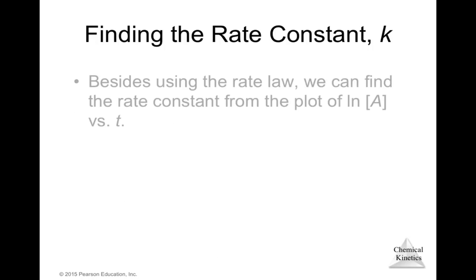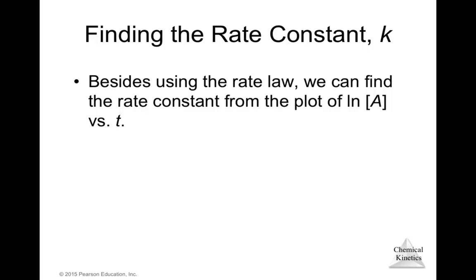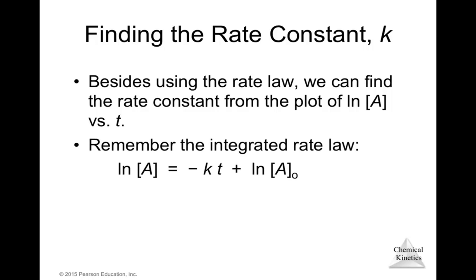So how can we find the rate constant? Besides using the rate law, we can find the rate constant from the plot of the natural logarithm of A versus t. So we have this: the natural logarithm of the concentration of A is equal to minus kt plus the natural logarithm of the initial concentration of A. And as I mentioned before, this is equal to the expression of a line. So on the y-axis, we're going to have the natural logarithm of the concentration of A, and m is going to be equal to minus k.